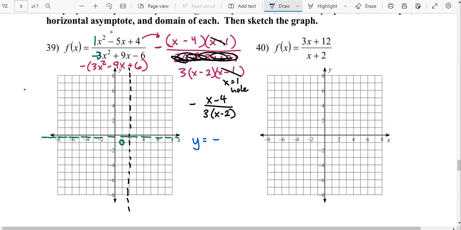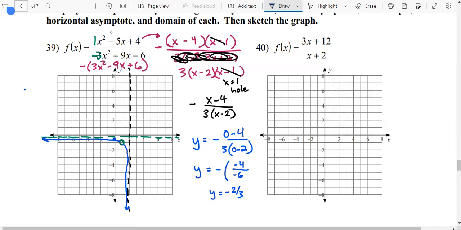So y equals -0 minus 4 over 3 times 0 minus 2, -4 over -6. So that's 2/3. Y equals -2/3. Like right there. And so I know my function looks like this. I'm going to get to that and just jump right over it. So there's a hole in my function.